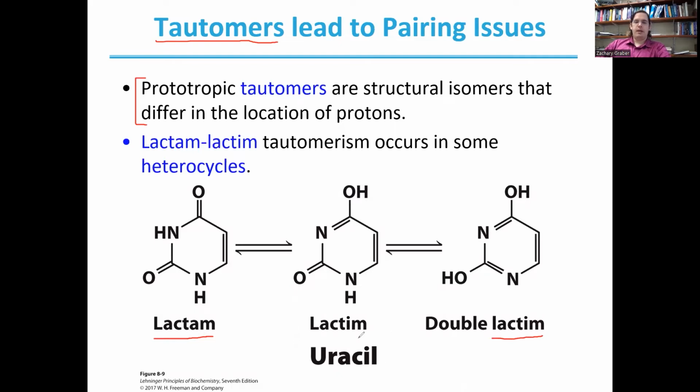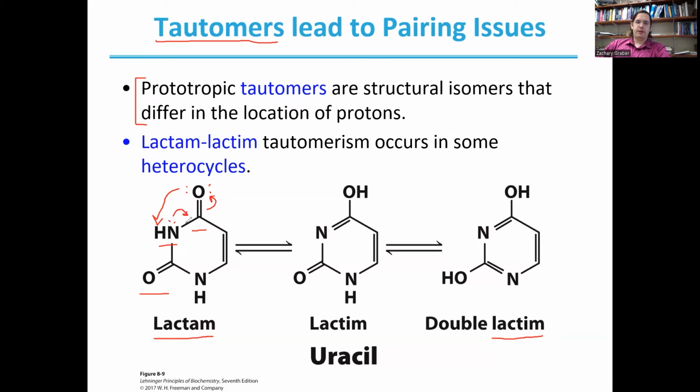So this will occur in uracil, as we show here. So we have, of course, two different carbonyls in our uracil. We also have our adjacent nitrogen and hydrogen here. And as we reform our tautomer here, we would just have to transfer our hydrogen from the nitrogen over to the oxygen, and then shift our electrons to make a new double bond.